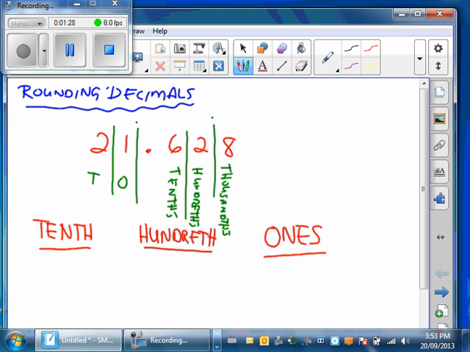All right, cool. Well, the first thing we want to do is round to the nearest tenth. So the exact same principle applies. First, we identify our tenths column. So the question that we need to know is, is this going to be rounded to 21.6, or is it going to be rounded to 21.7?